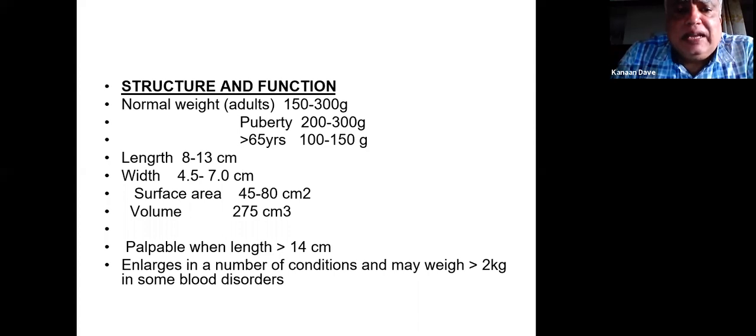Sometimes we get massive splenomegaly. I'll be mentioning those conditions where the spleen gradually enlarges and can be felt into the right iliac fossa. That is massive splenomegaly. In some of these conditions, the spleen can weigh more than 2 kilos. Those are the statistics of the normal spleen.